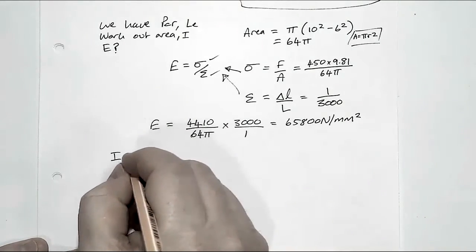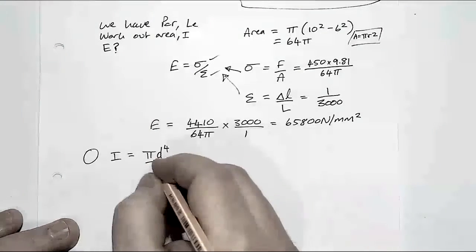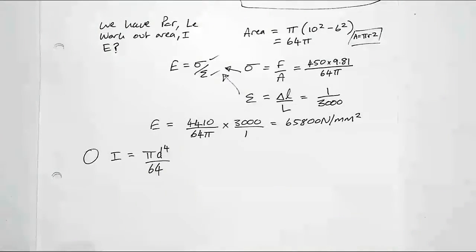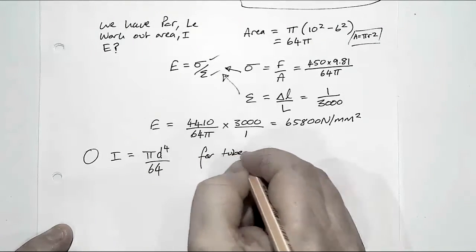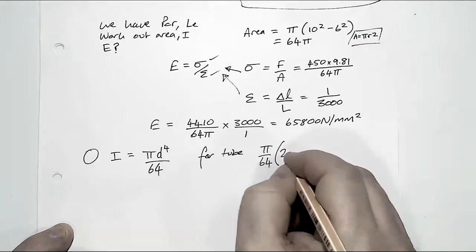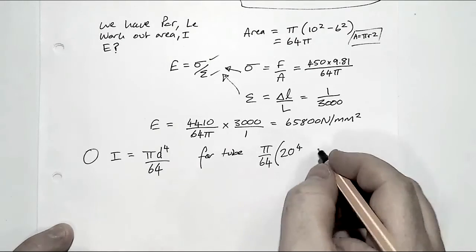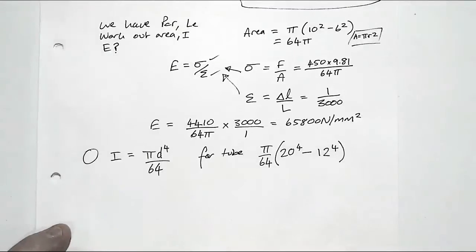So I of a circle, pi d to the 4 over 64. So for a tube, which is what we have, the outside d to the 4, take away the inside 12 to the 4.